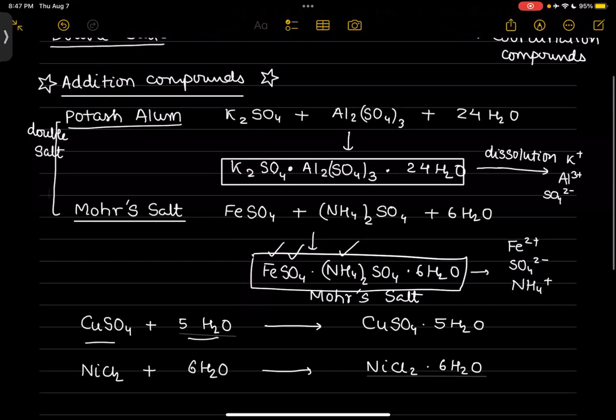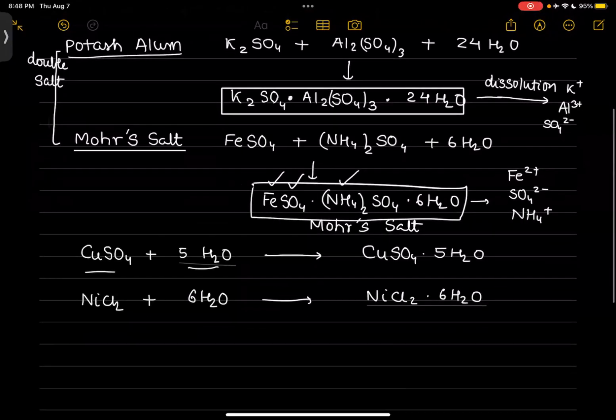Which is made up of two or more than two compounds. And when you put it in water, it splits completely into ions and it loses its identity. You don't know what it was. If I give you the aqueous solution, you will not be able to make out what it was before, right? Because all the ions will be split apart. So the definition is clear, I hope.